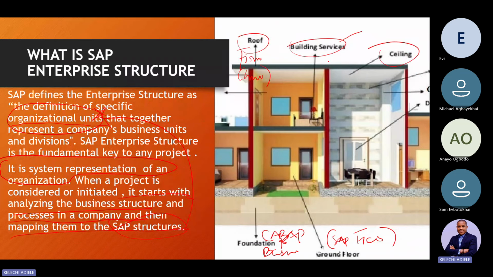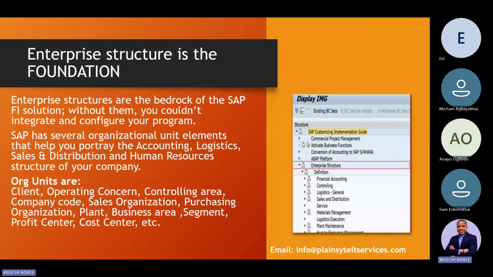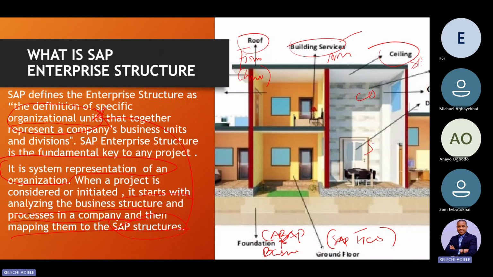The building services can be MM. The ceiling is sales and distribution. This one is CO. This one is just modules, functional modules, project systems, just like that. And of course, the roof, you can see, is organizational objects.